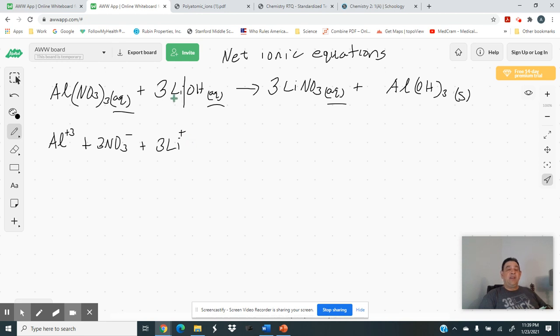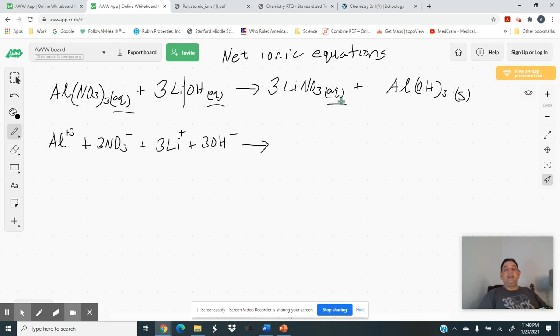Because there was a 3 in front, there's 3 hydroxides. So as far as my reactants are concerned, I end up with 1 aluminum ion, 3 nitrate ions, 3 lithium ions, and 3 hydroxide ions.